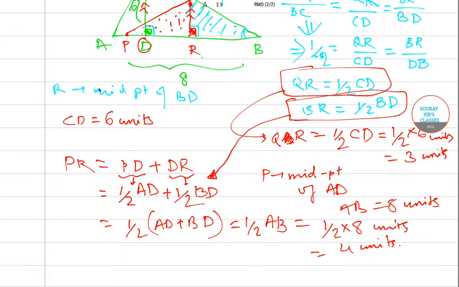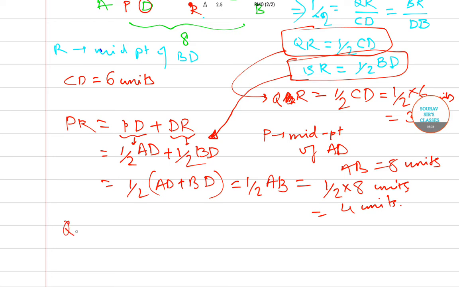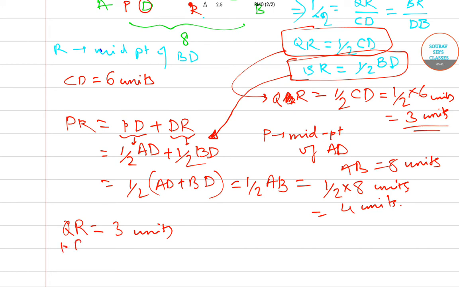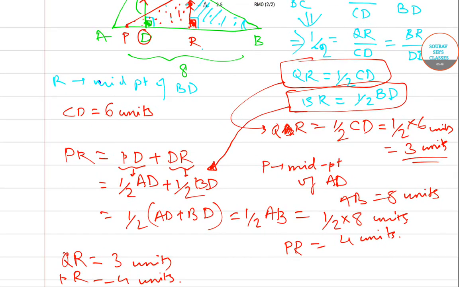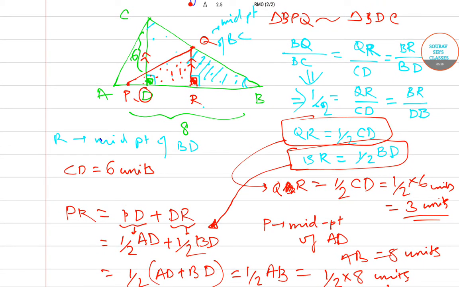So now what do we have? We have QR, which is equal to 3 units in length, and PR, which is equal to 4 units in length. So we can easily find PQ by Pythagoras theorem.